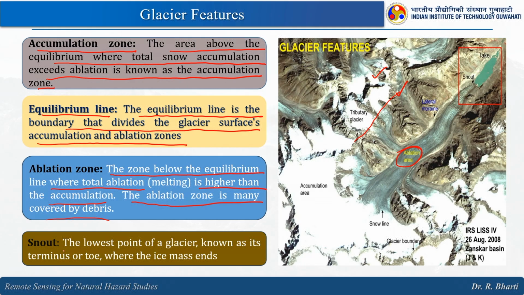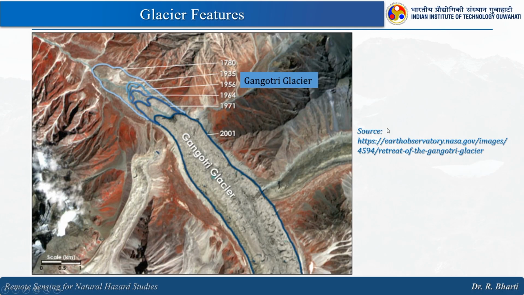Then we have the snout. This is the mouth of the glacier, the lowest point of a glacier, known as its terminus or toe, where the ice mass ends. Here, this may be the snout of this glacier. From there it will start melting. Here you can see clearly the snouts are marked. In 1780 the Gangotri glacier had the snout up to this location.